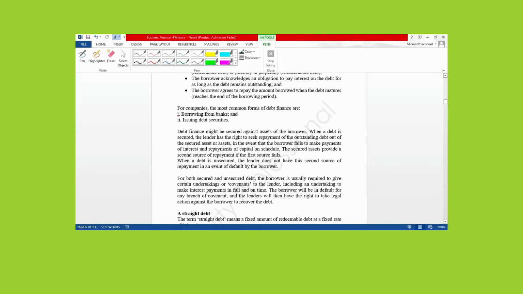The lender might demand collateral from you. That collateral provides a second source of repayment in case the borrower fails to pay.